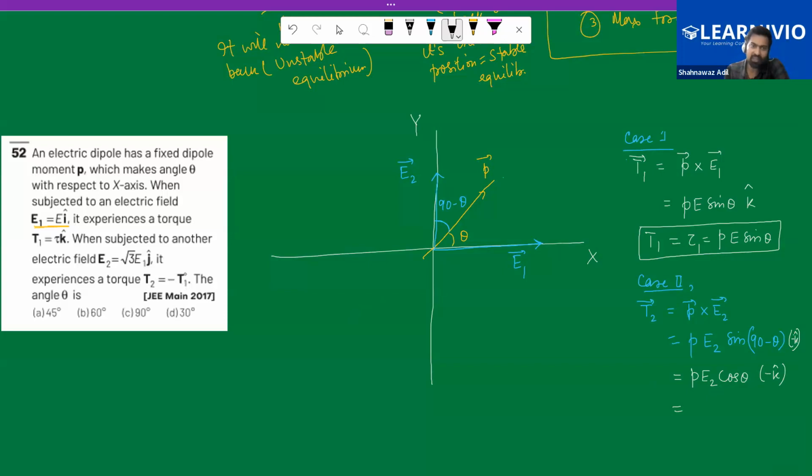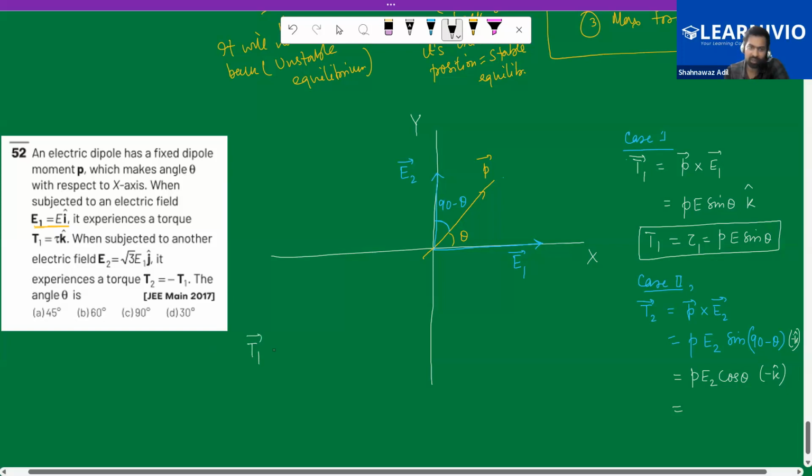But this is minus T1, which means they are in opposite directions.